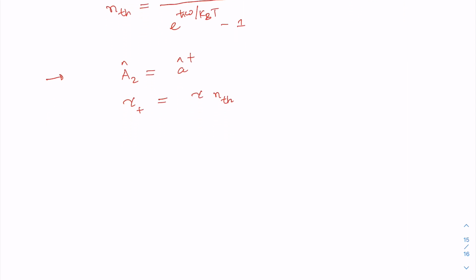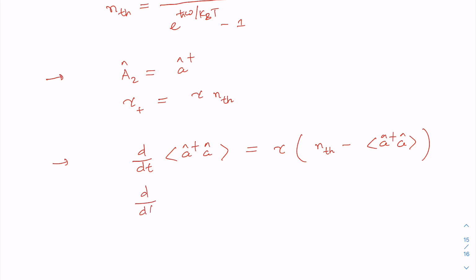Now using the Lindblad quantum master equation, we can show that the time rate of change of the average number of photons satisfies this equation. It will be gamma n_th minus gamma times a dagger a. Just like in the two level case, because the relaxation process is there, this is decaying at the rate gamma by 2.